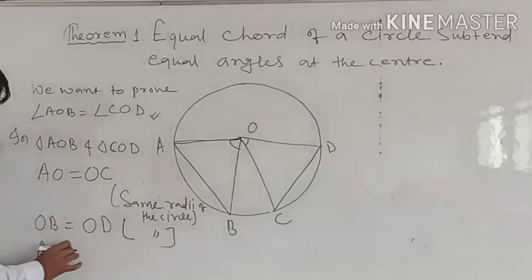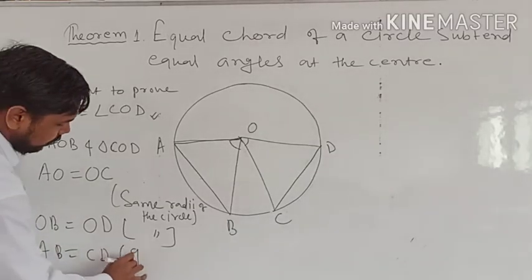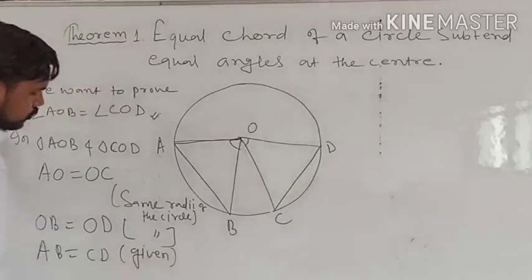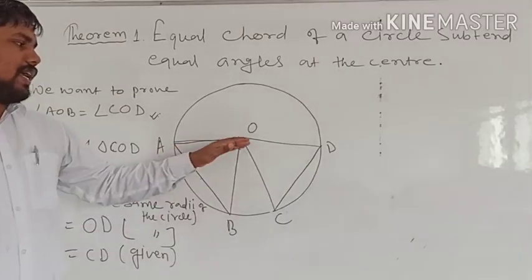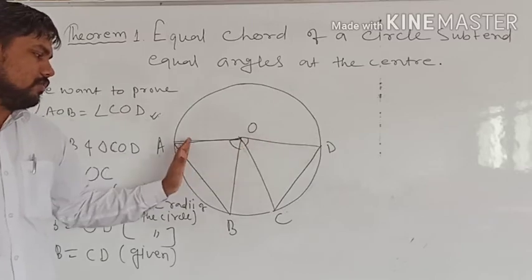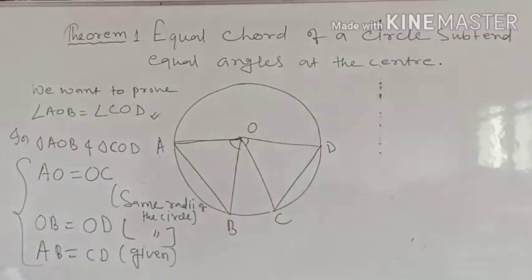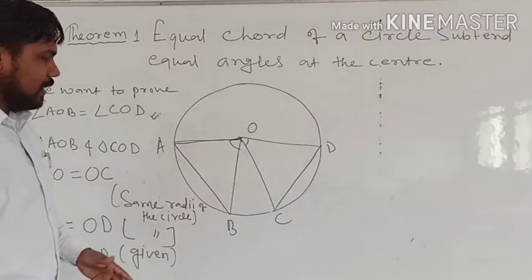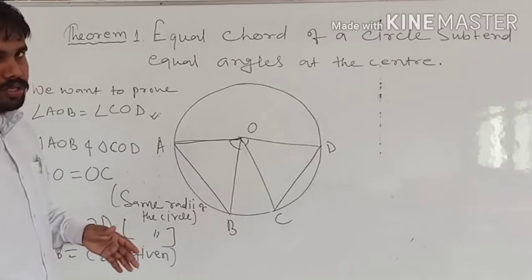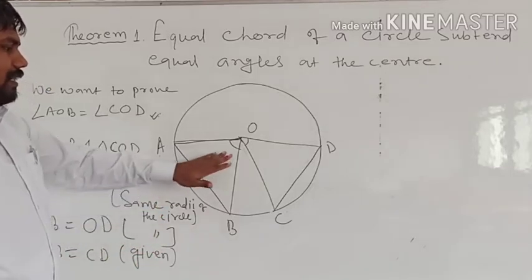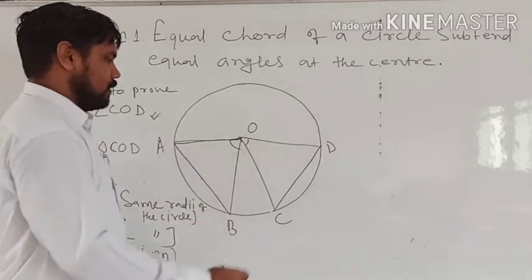So here you can see we got three sides the same. If three sides of a triangle are the same, we will use the SSS criterion, side-side-side, to prove that these two triangles are congruent, right?